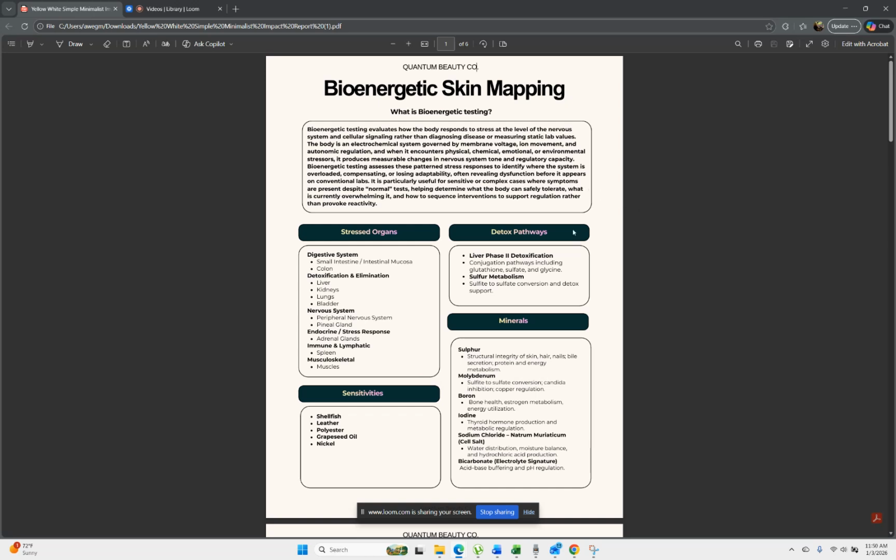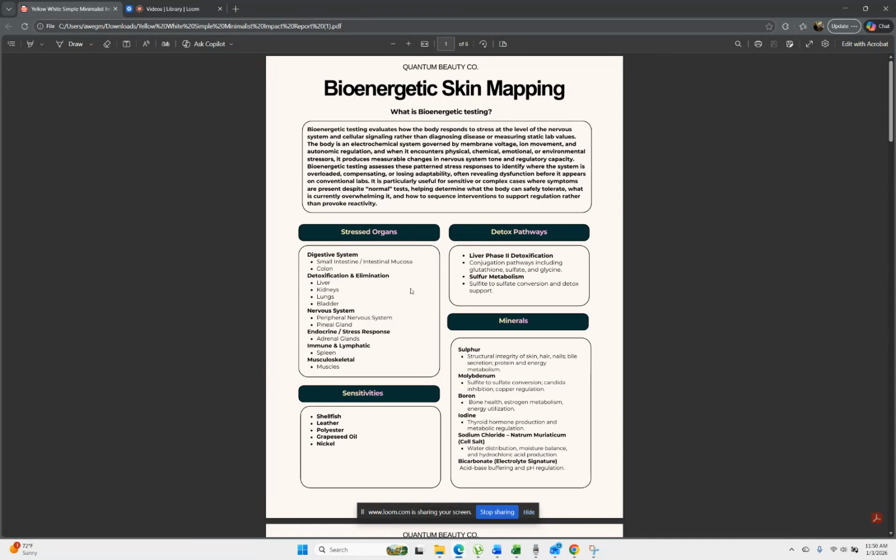So on this first page, we are going to see the stress organs, and already you can see a big theme for lots of detox and elimination organs resonating, the digestive system and the intestinal mucosa, which can be a red flag for inflammation in the small intestine, like bacteria or yeast overgrowth.